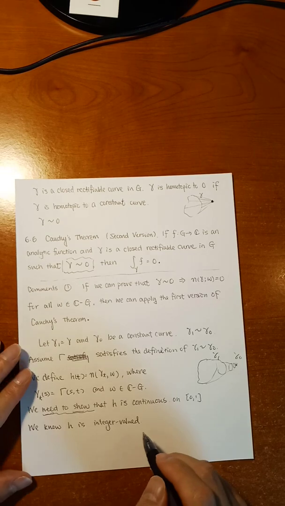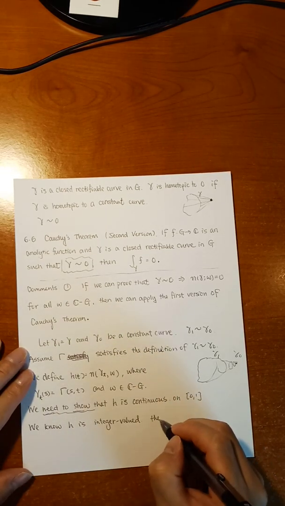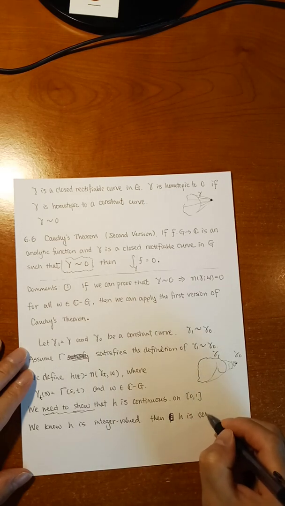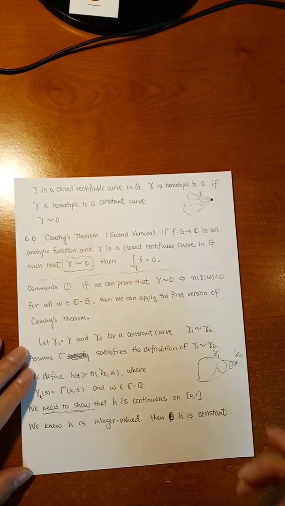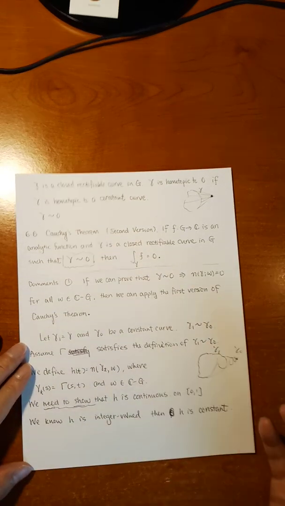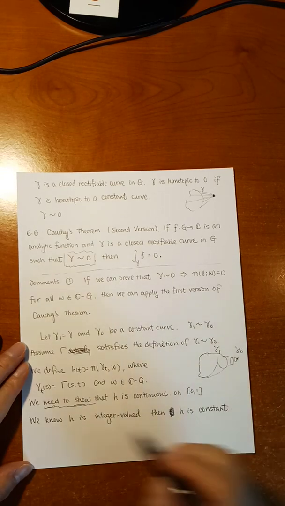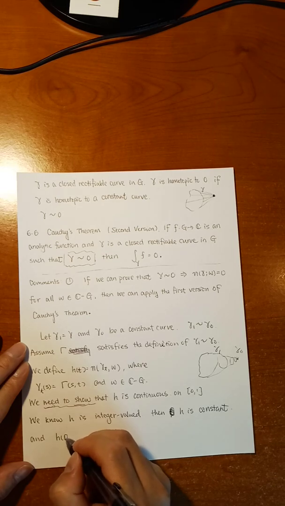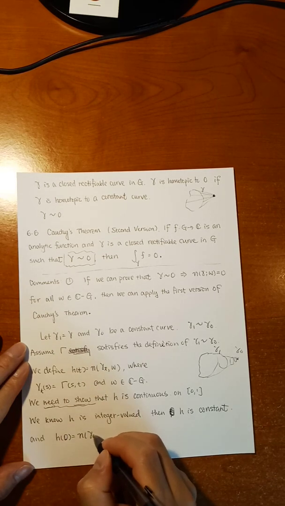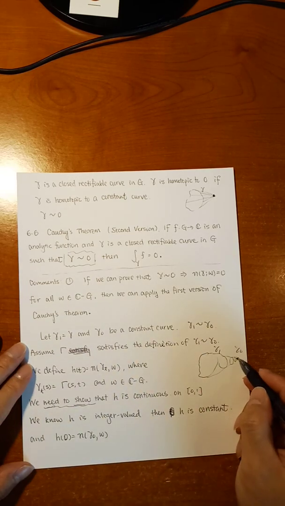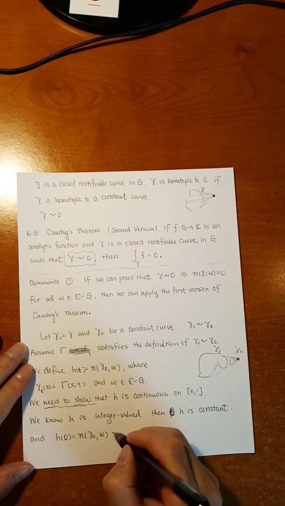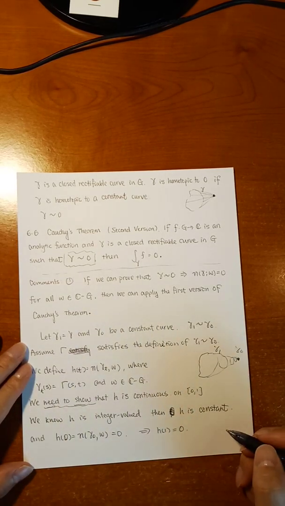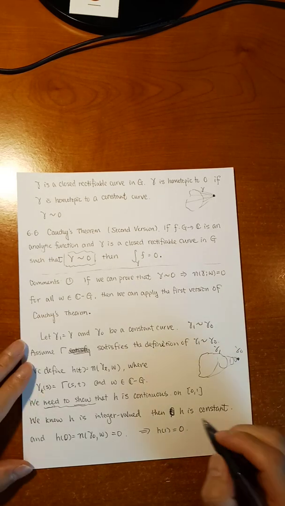H is integer valued, h is continuous, then h is constant. An integer valued continuous function must be a constant function, and we know that h of 0 is the winding number of gamma 0 with respect to w. It's a fixed, constant curve. Of course, the winding number is 0. So we get h of 1 is equal to 0. So end of proof.